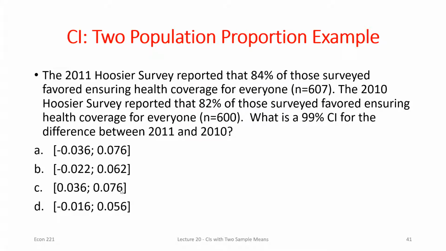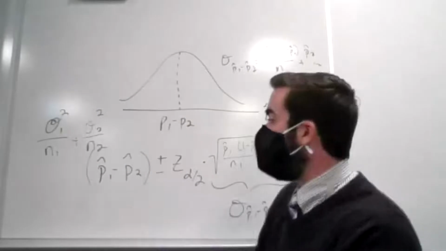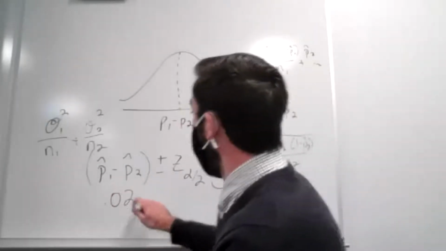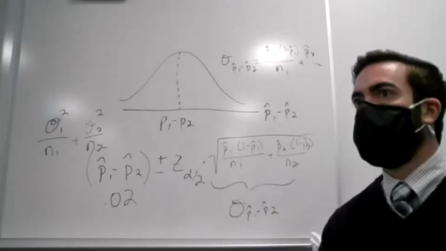No. So right away, I know that can't be a possible answer. If I check the other ones, 0.02 is in the middle of all of them, so I can't rule anything else out, but we can for sure rule out C. Remember, we're building the confidence interval around our new statistic, the difference. If that difference is 0.02, I know 0.02 should be smack dab in the middle of my confidence interval. Okay?